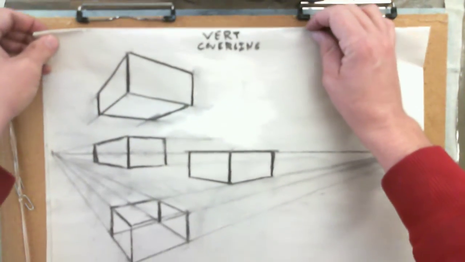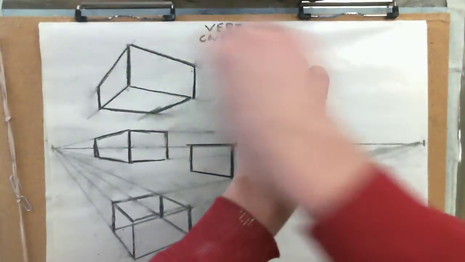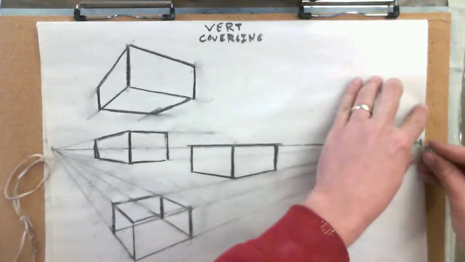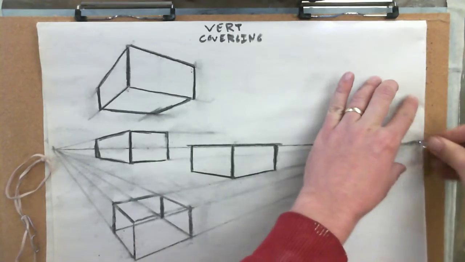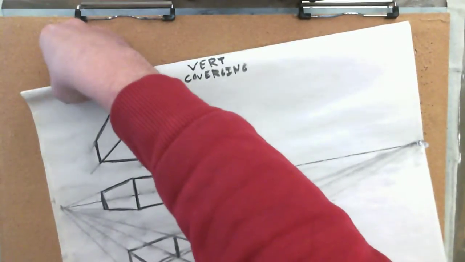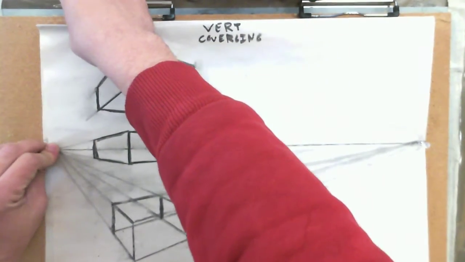What I've got here is a cork board. And I've got push pins. So I'm going to put one in the right hand vanishing point and one in the left hand vanishing point.